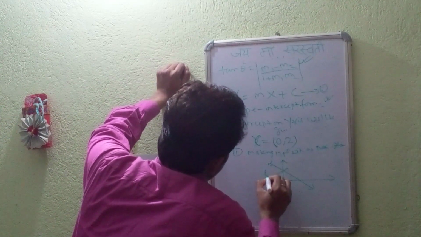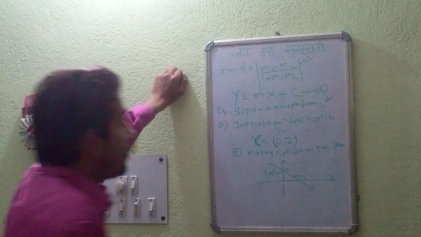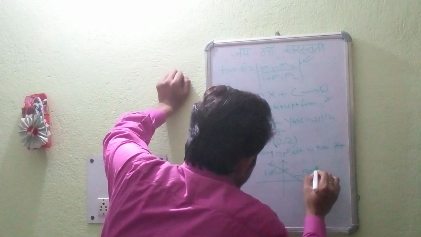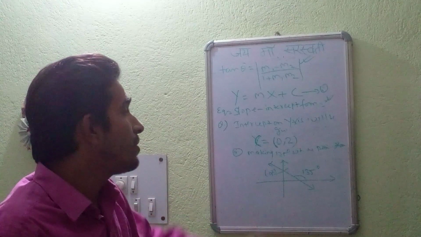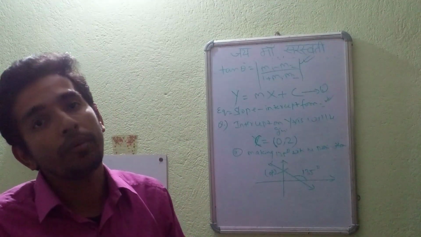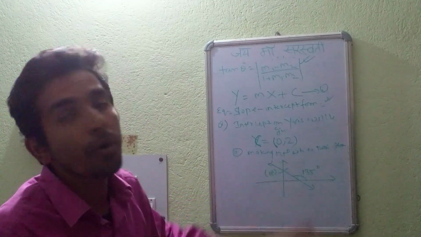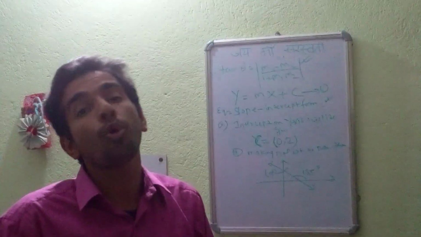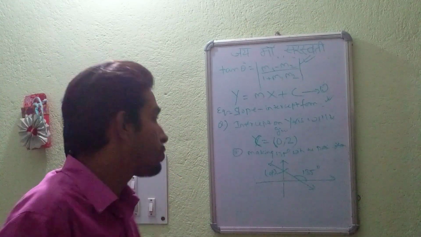The intercept is given as (0, 2), and the slope is given as 135 degrees. This type of question is categorized under slope intercept form, in which one slope and one intercept are given.